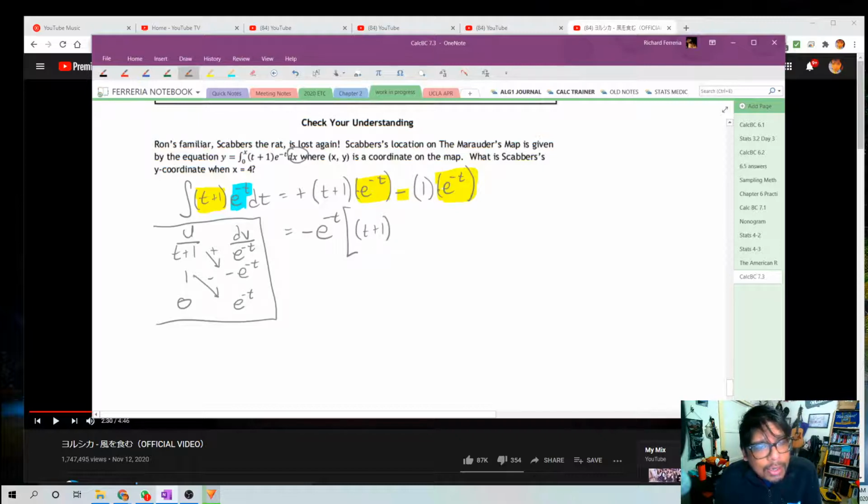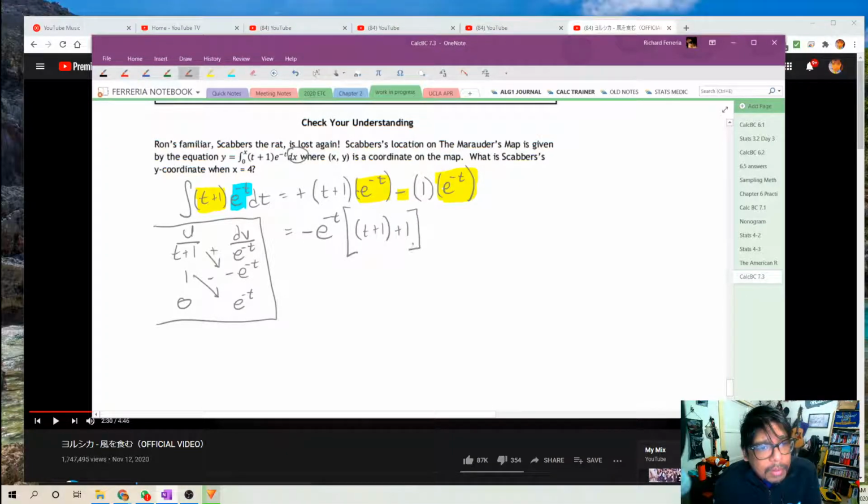And in the second term, if I factor out a negative e to the negative t, I'm left with a positive 1. And then, of course, plus constant. That gives me negative 1 over e to the t multiplied by t plus 2. Okay, so that is pretty nice.